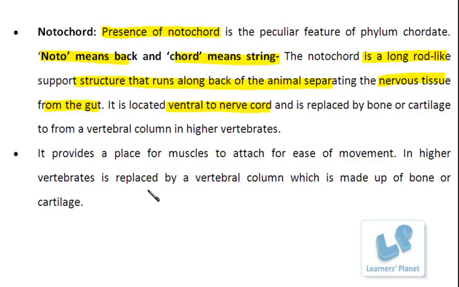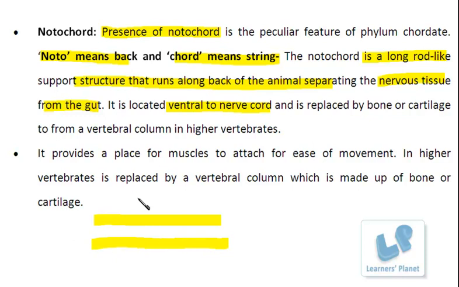Fine. So exactly where this notochord is present, suppose this is the nerve cord. Let me just draw it here. If this is a nerve cord, and let me say below this, the gut region is present, right? And in between these two parts, there is this particular structure which is known as the notochord.